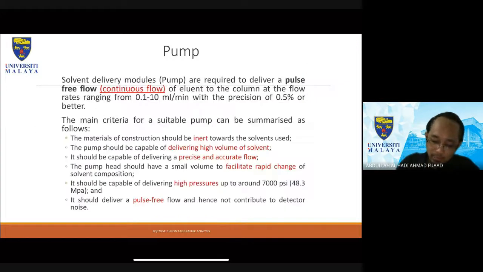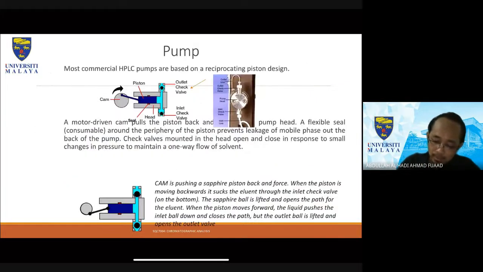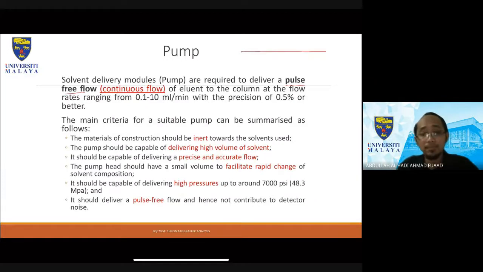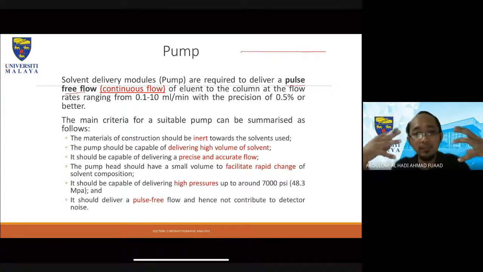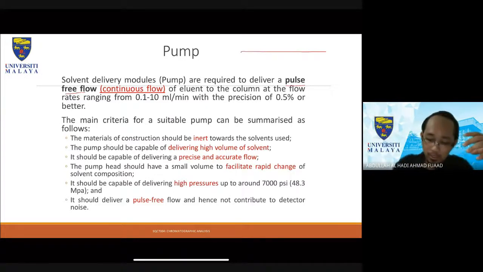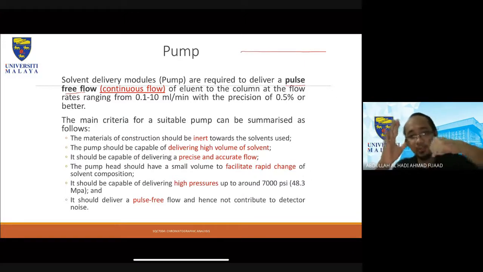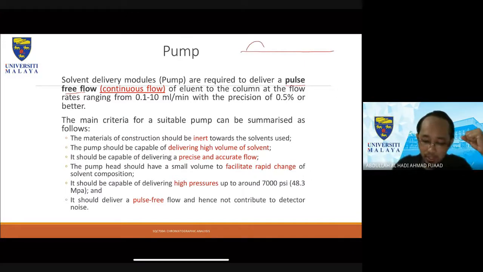So what do I mean by this? Imagine you have a pump. A pump has a piston that pushes, like a piston in a car engine, right? A piston just moves back and forth, and this creates pressure. So without a pulse-free flow, as the piston moves back and forth, you'll get the pressure going up and down.